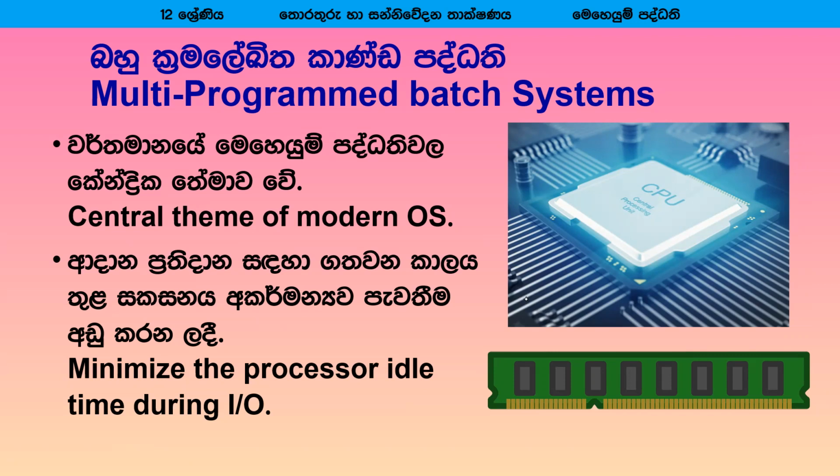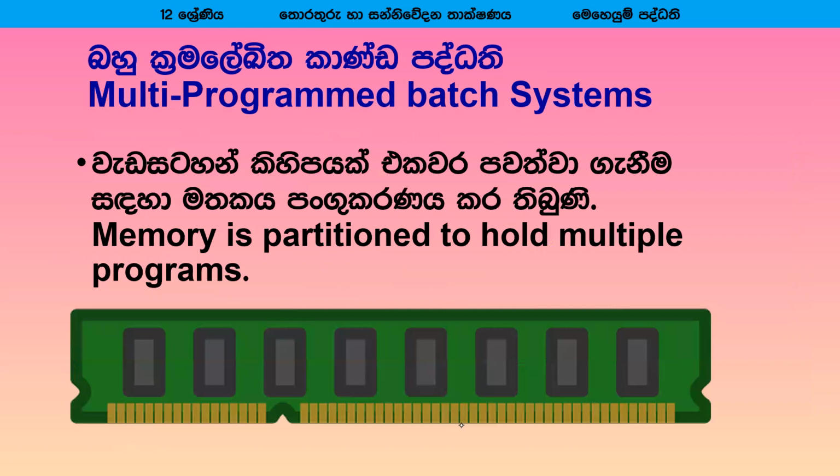So when the CPU is trying to sit idle, the operating system takes a particular program from the memory and sends it to the CPU. Okay, don't stay idle. Here is another program, you just execute it. I'll take care of the one that has finished its execution, right?